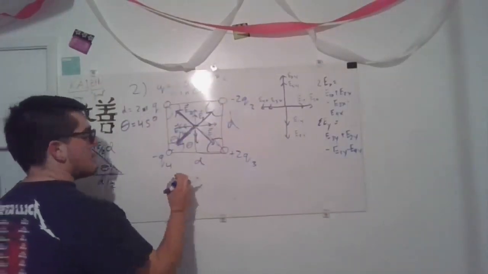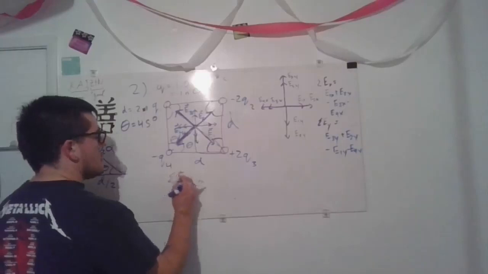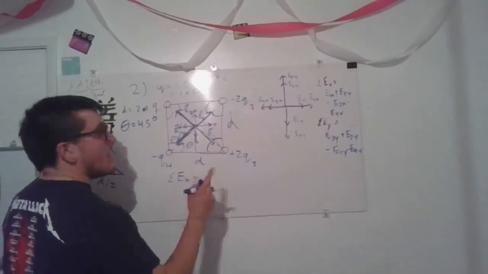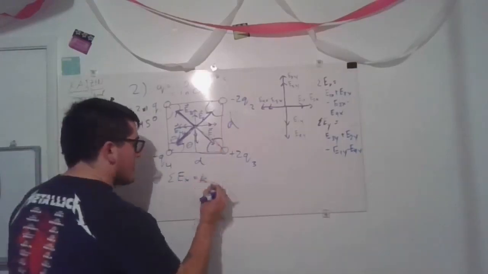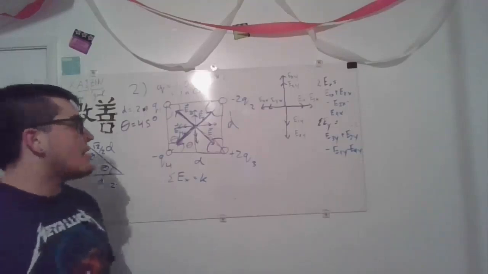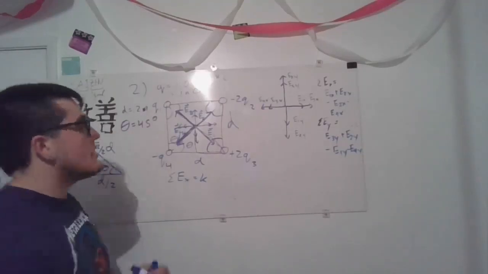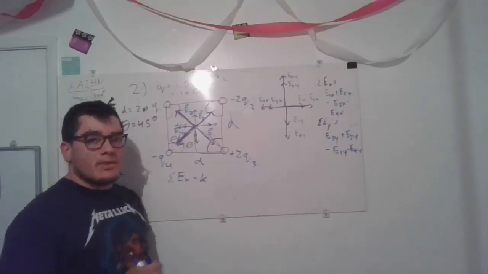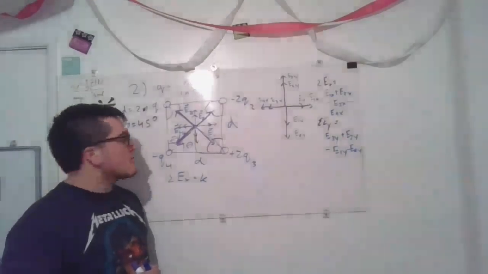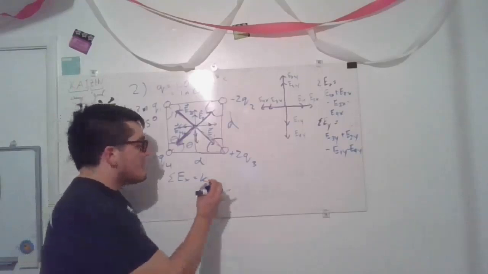So they all have some of the x direction. They all have k. And they all have, what else in common? Do they all have cosine and sine in common? Yes.